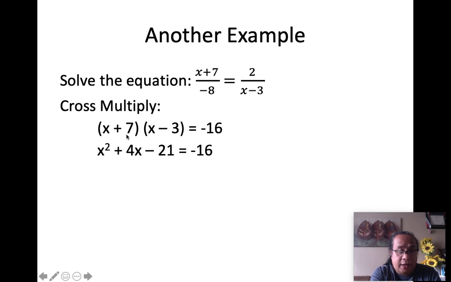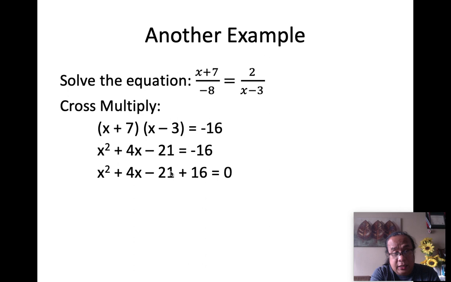So if I simplify that, it's going to be 7 minus 3, that gives me 4. And 7 times negative 3 is going to be negative 21. Move the negative 16 to the other side because we need this to be 0. So that's going to be x squared plus 4x minus 21 plus 16 equal to 0. And then you just simplify negative 21 plus 16 as negative 5.